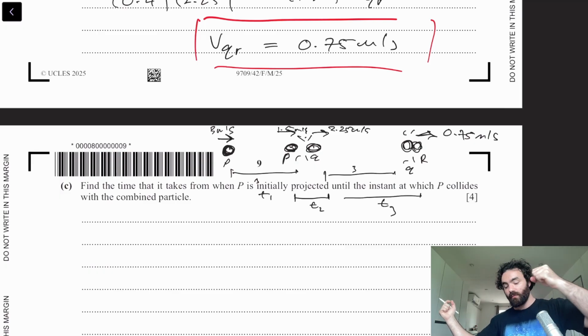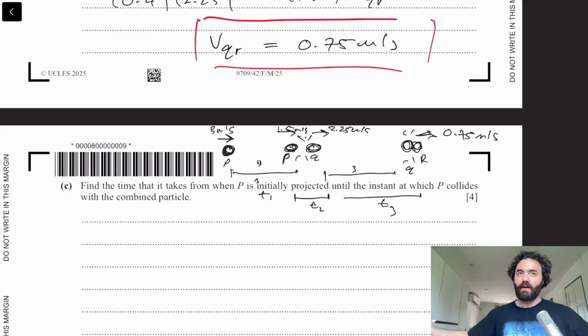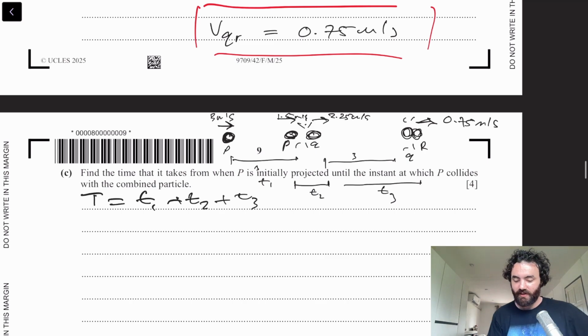Then P, because it's moving 2 times the speed of Q, will eventually hit Q and R. This is pretty hard, actually. That is the total time, from the start of P to when it collides with the combined particle. So the total time will be T1 plus T2 plus T3. So we need to find these things individually.